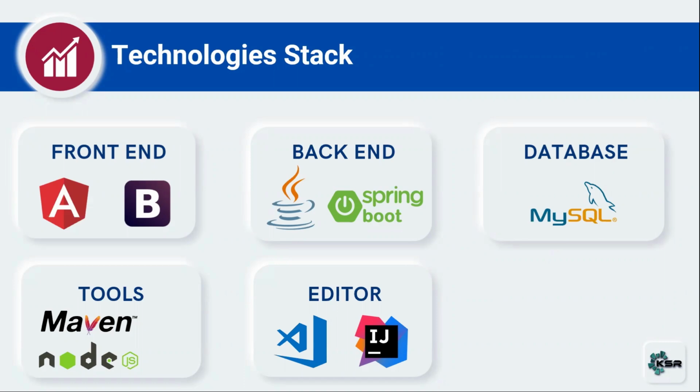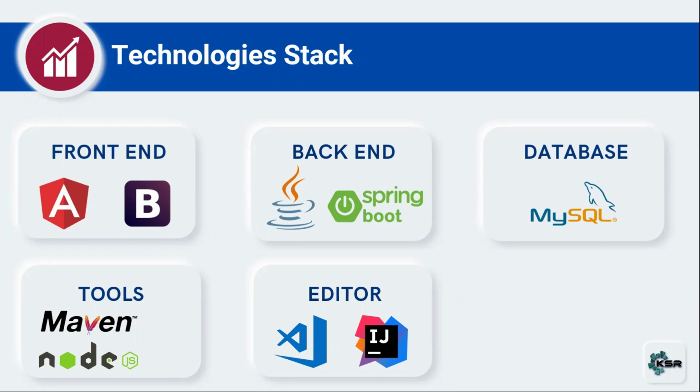The different technology stack we are going to look into in this course: in the front end, we'll see Angular, which is a framework, and Bootstrap, which is a CSS framework. In the backend we'll use Core Java, Spring Boot, Data JPA, and Spring REST API. Here we have seen only Java and Spring Boot, but other technologies also we'll see.